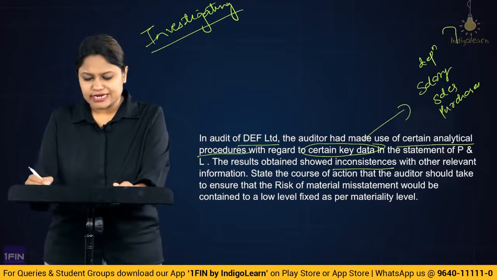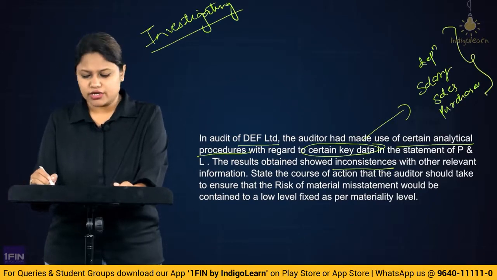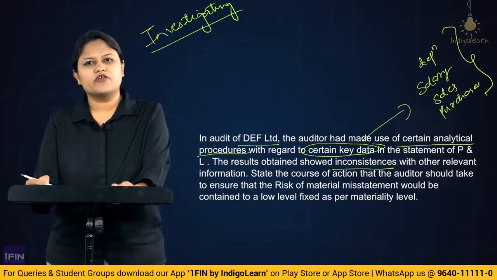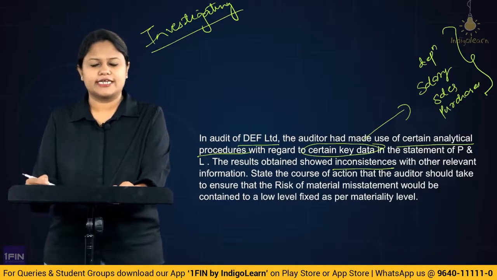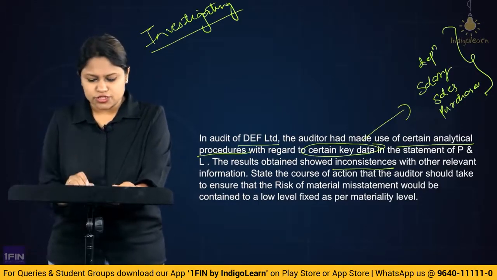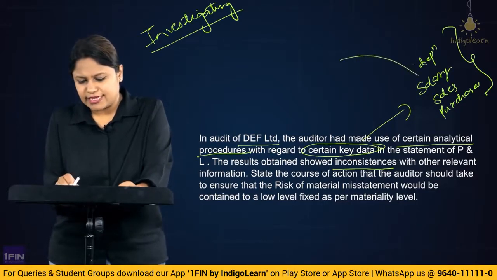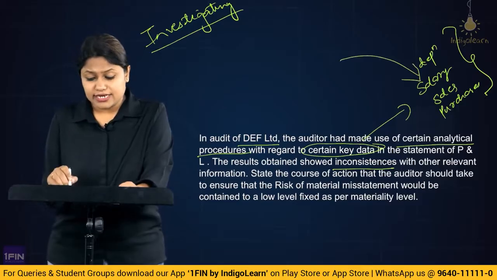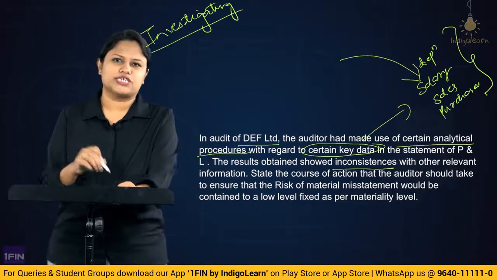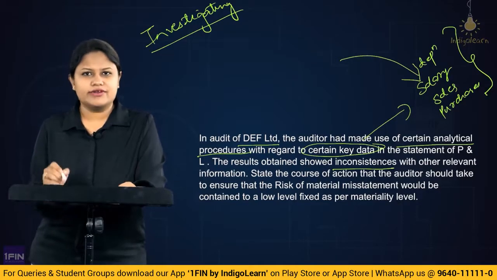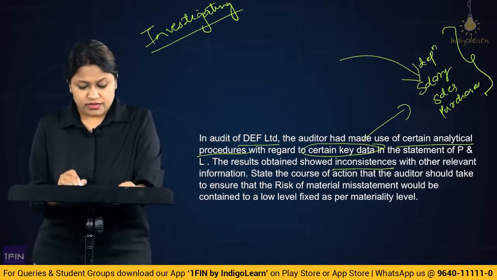That means when you already checked this during the course of your regular audit, you did not find any kind of misstatement. So according to you, they are reasonably correct. But after you performed the analytical procedures on them, you came across something which you could not identify. So now you have come to a position where you understood there is inconsistency, let us take the example of salary, where you realized there is something the auditor has to check now because it has some kind of inconsistency with the evidence that you have obtained in the routine course.